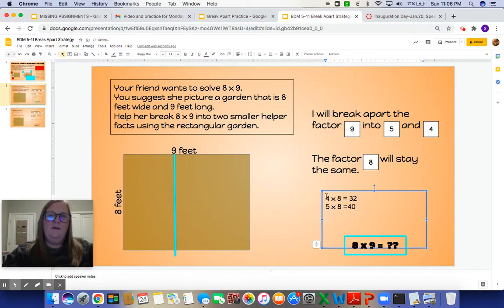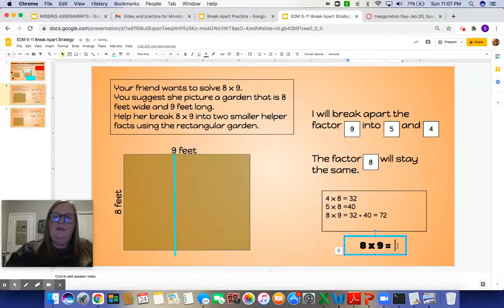And then I would know that 8 times 9 equals 32 plus 40, and we're going to add those two together, which equals 72. So my answer that I'm going to put in this box down here is 8 times 9 equals 72.